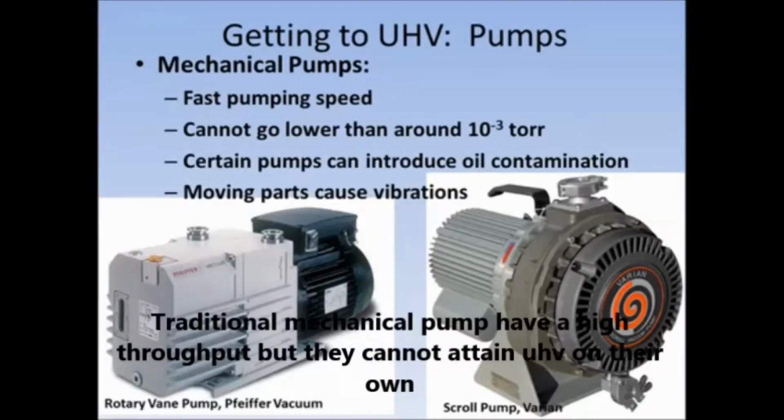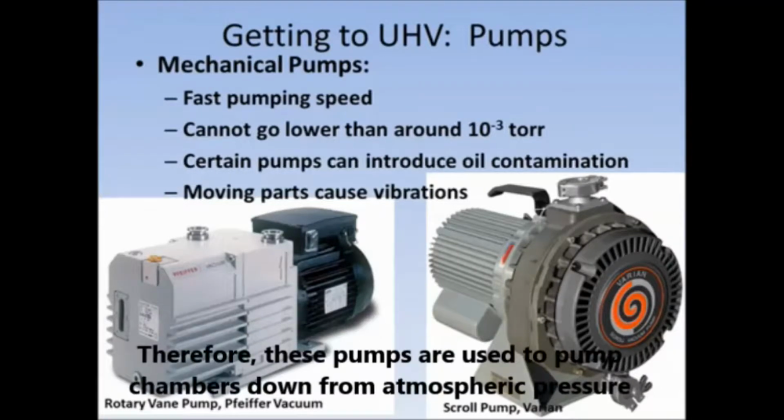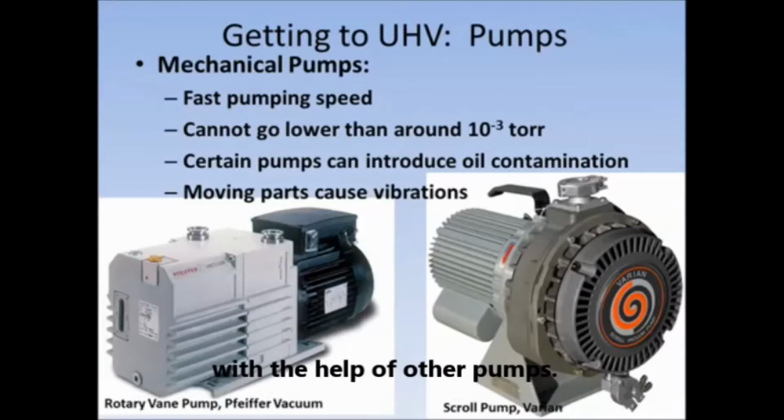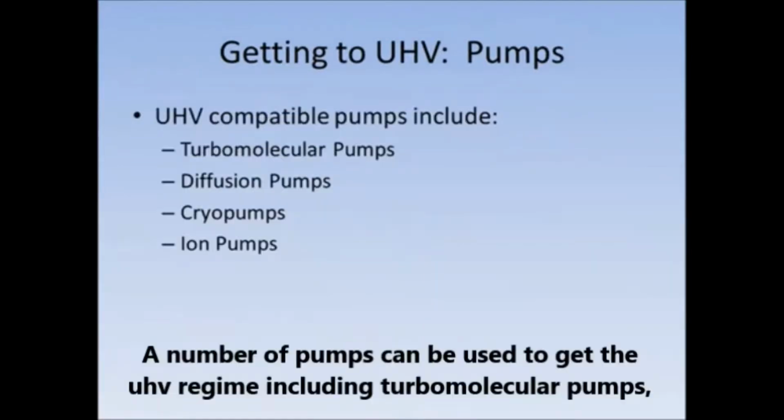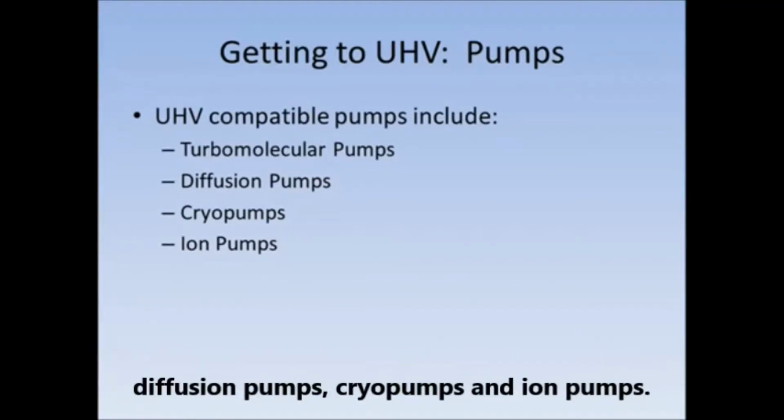Traditional mechanical pumps have a high throughput, but they cannot attain UHV on their own. Therefore, these pumps are used to pump chambers down from atmospheric pressure with the help of other pumps. A number of pumps can be used to get to the UHV regime, including turbomolecular pumps, diffusion pumps, cryopumps, and ion pumps.